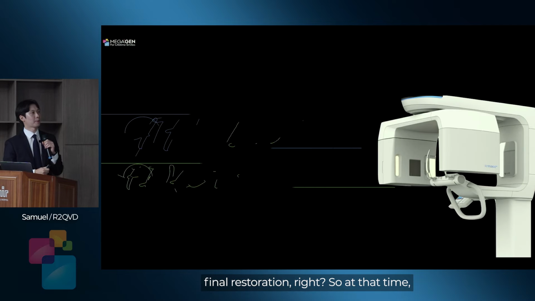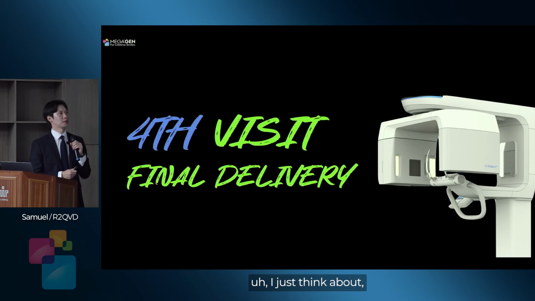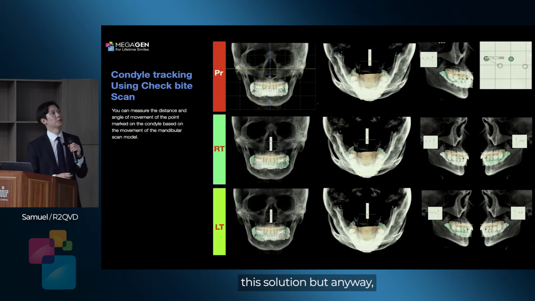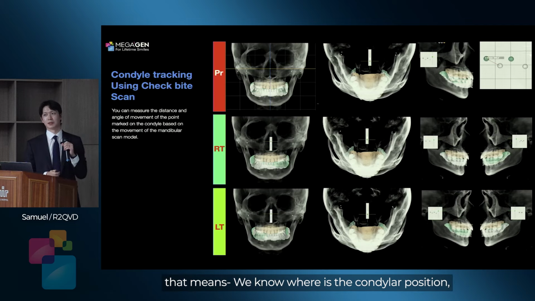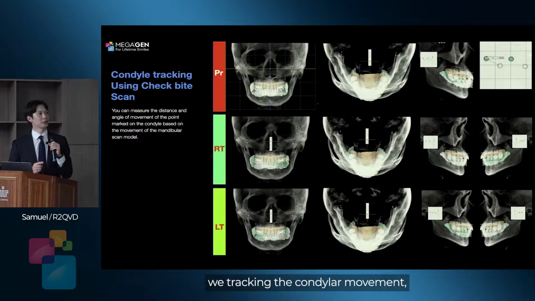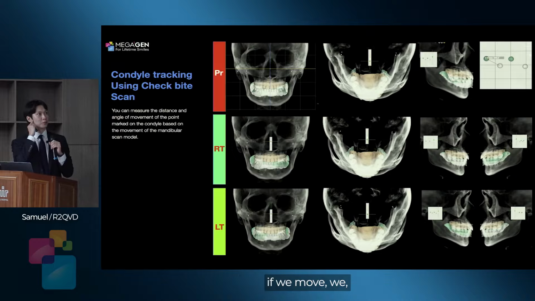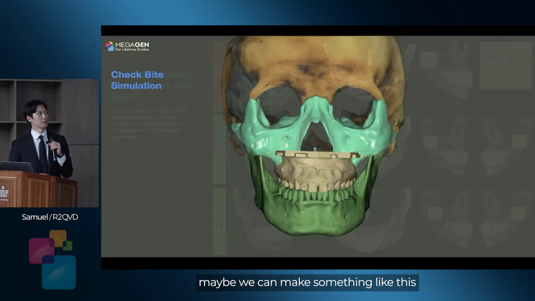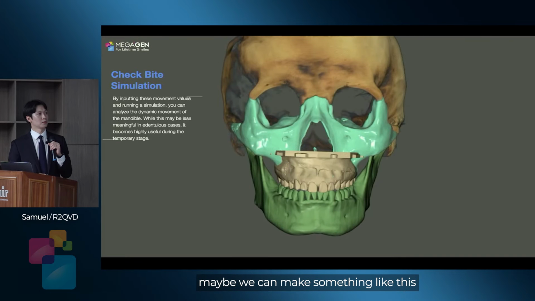So at that time, I thought, we are still developing this solution, but anyway, we know we are using the large FOV CBCT, that means we know where the condylar position is, and if we track the condylar movement, like protrusion, retrusion, if we track the condylar position, maybe we can make something like this.